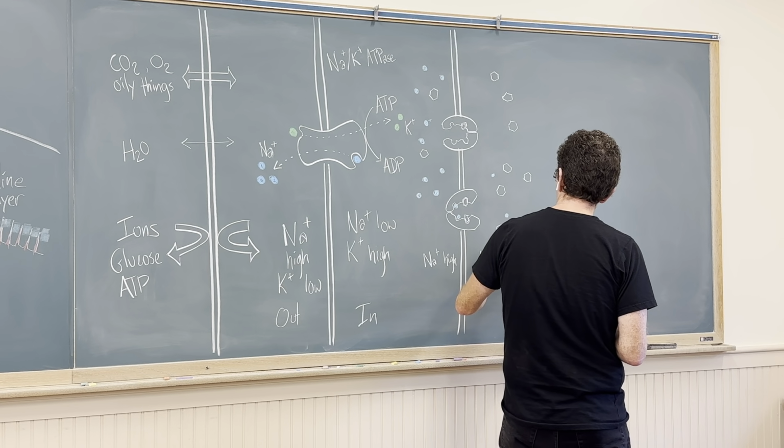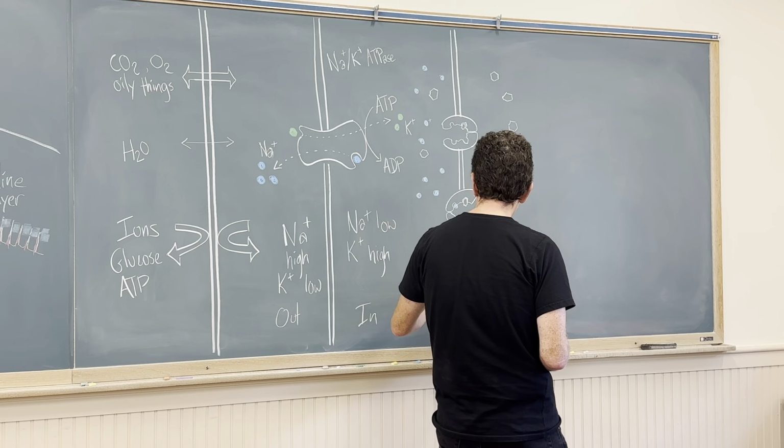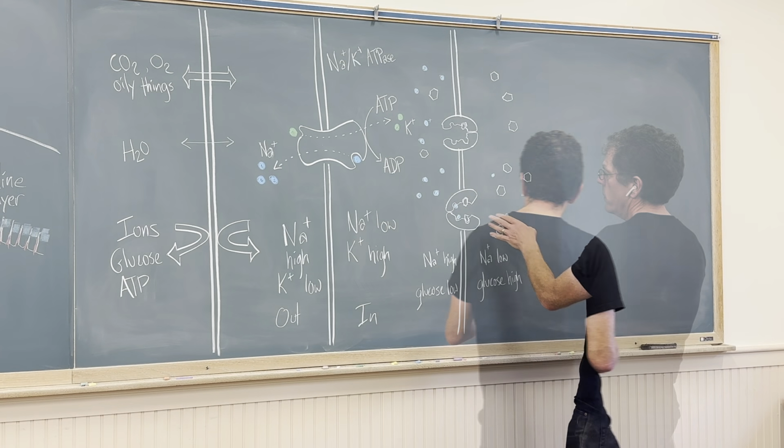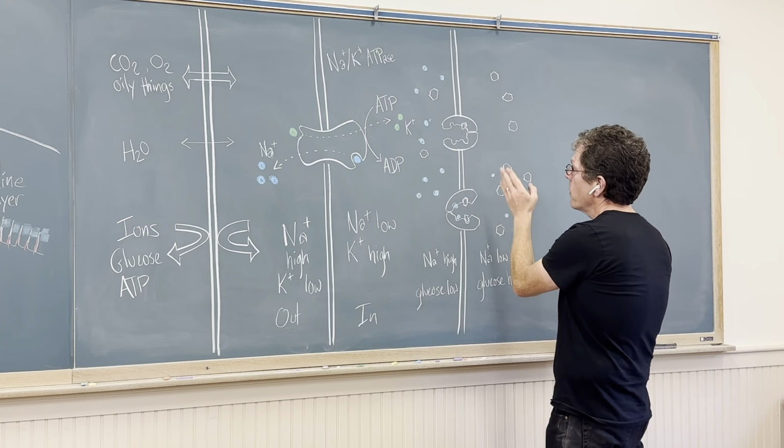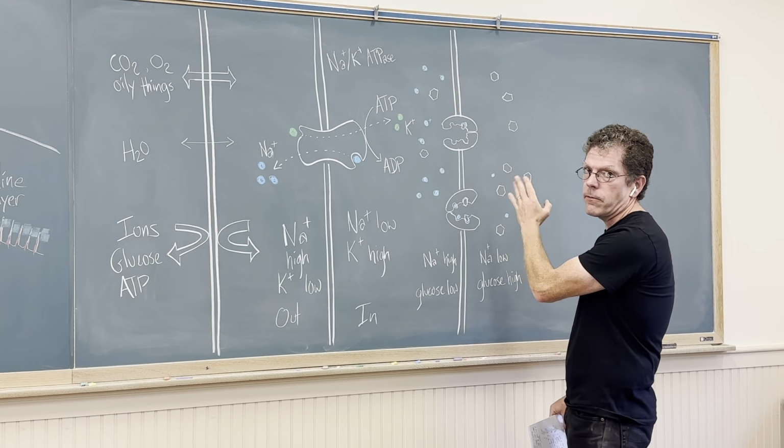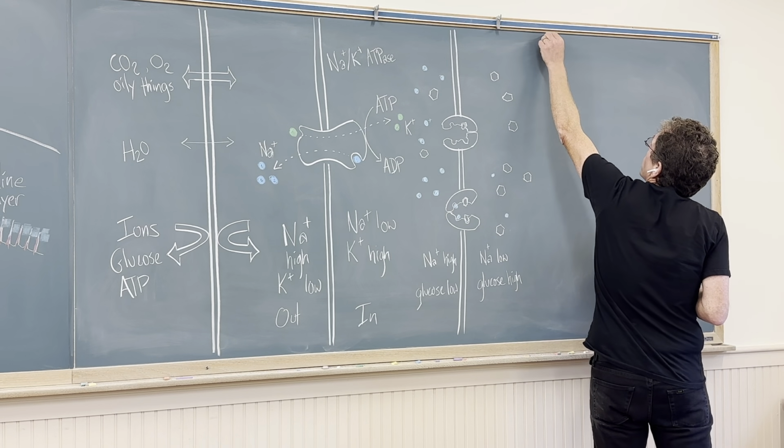That reaction is favored, and it is being harnessed to do the useful work of taking glucose against its concentration gradient. This is a cartoon protein, but essentially this effect is the basis for the design of Gatorade. Next membrane.